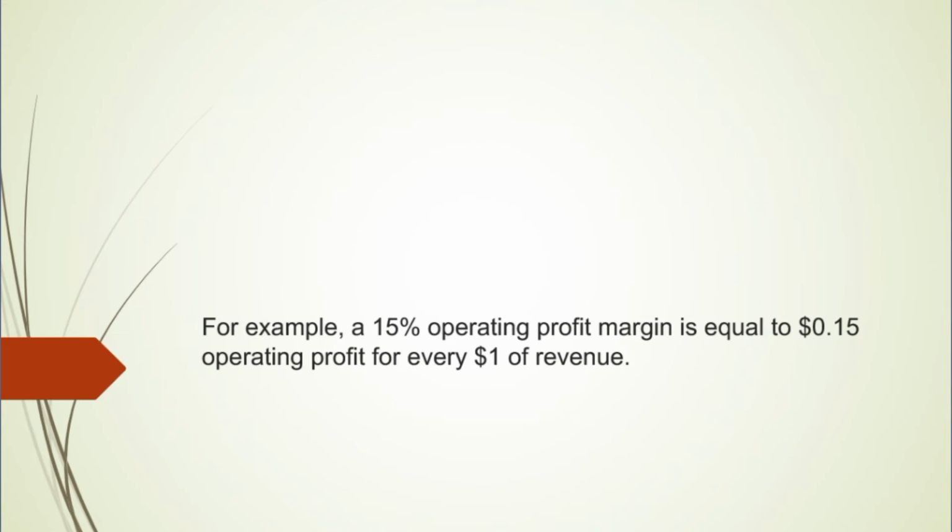Operating expenses include a company's expenses beyond direct production costs, such things as salaries and benefits, rent and related overhead expenses, research and development costs, and etc. The operating profit margin calculation is the percentage of operating profit from total revenues. For example, a 15% operating profit margin is equal to $0.15 operating profit for every $1 of revenues.